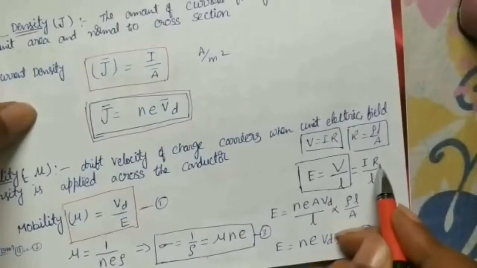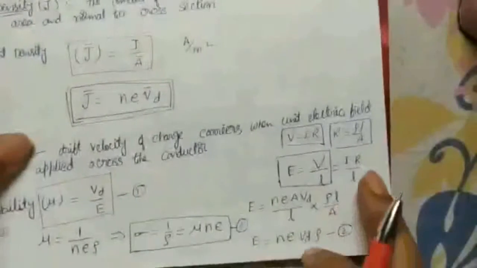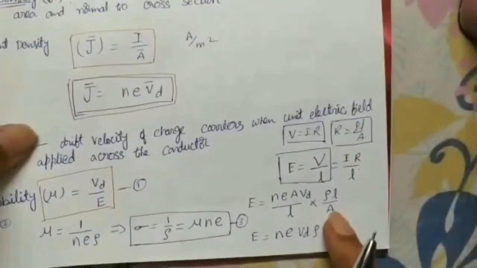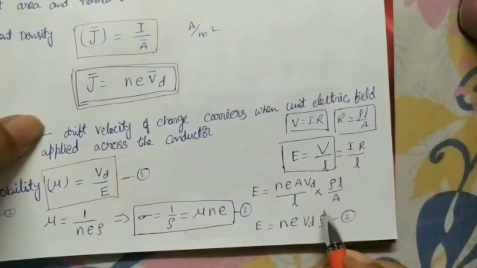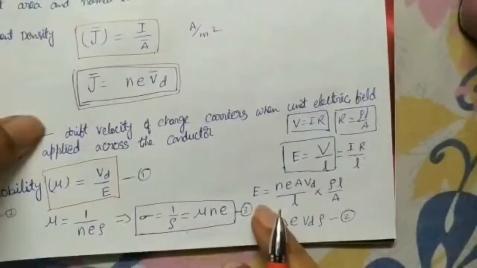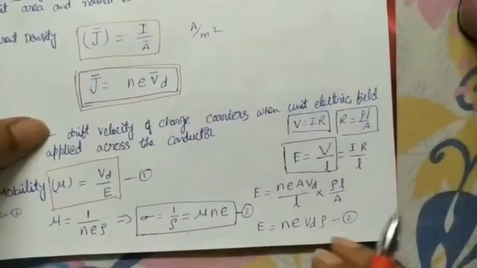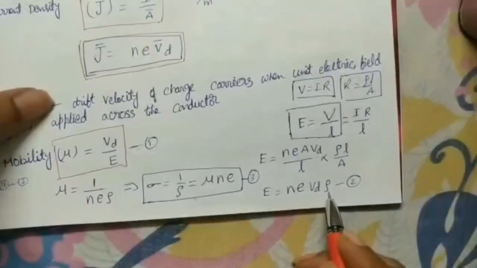Here E = V by L, V = IR according to Ohm's law, I = N e A v_d using the drift velocity relation, and R = rho L by A. Here L and A get cancelled, numerator and denominator. What you get is N e v_d. So the field intensity E = N e v_d into rho, the resistivity.